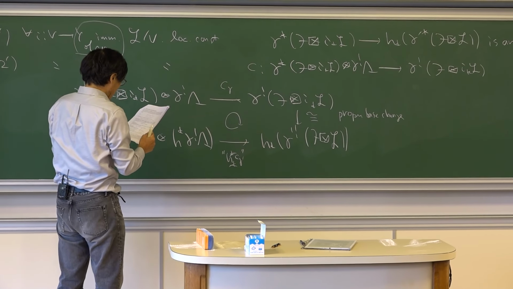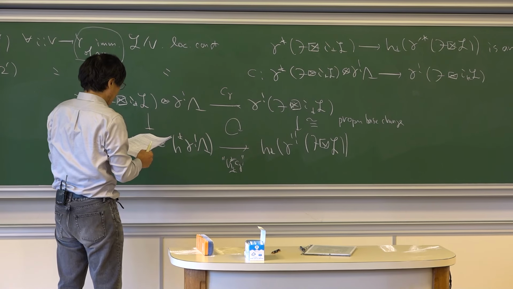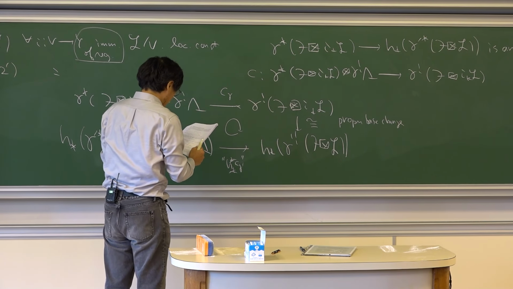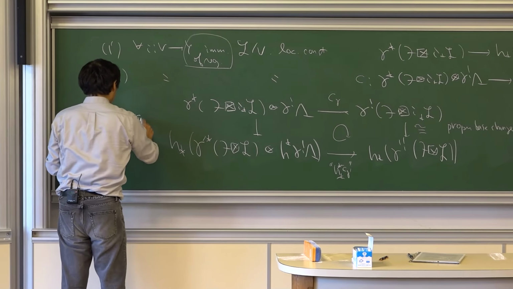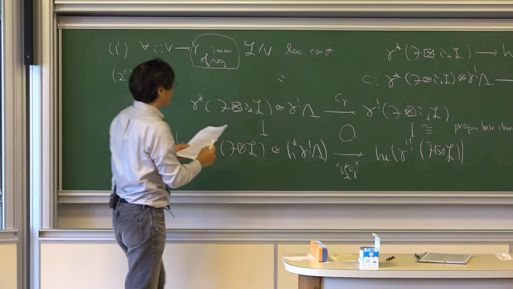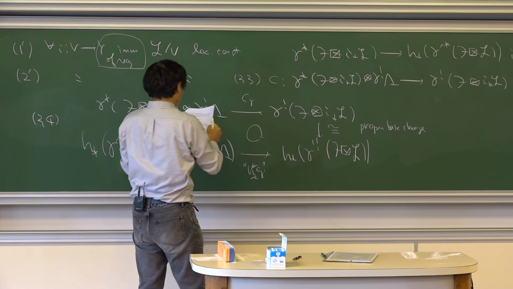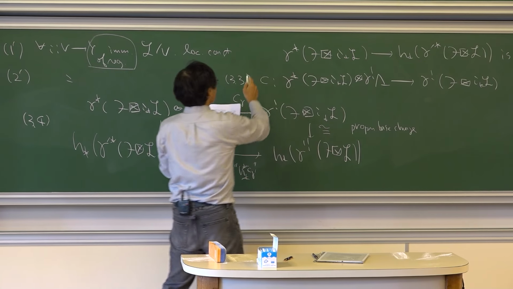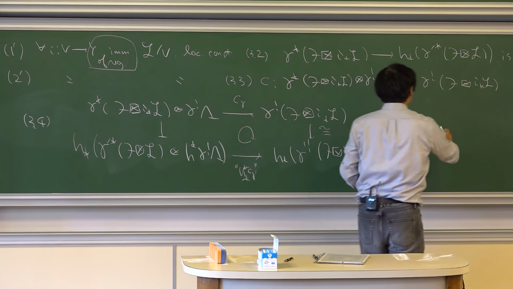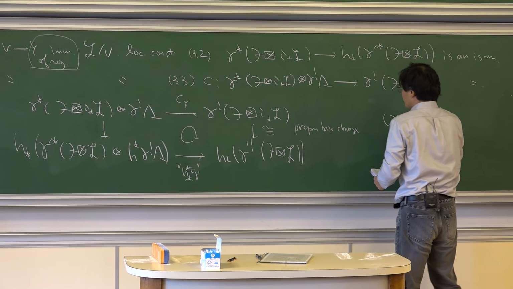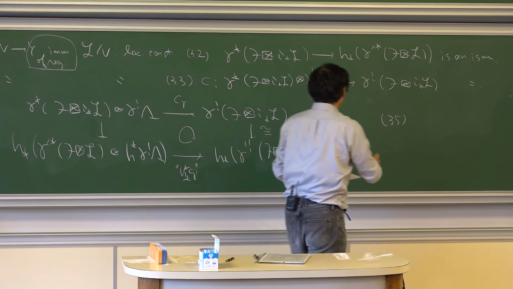Okay, so let me call. In my notes, this diagram is 3.4, and this motion is 3.3, and this is 3.2, and this 3.5 is this motion before taking H star.